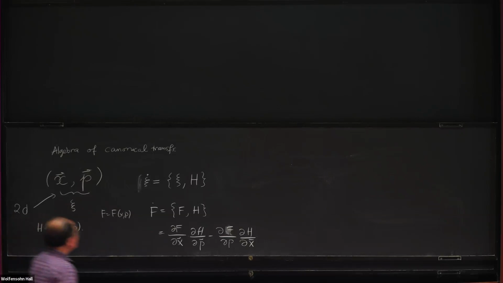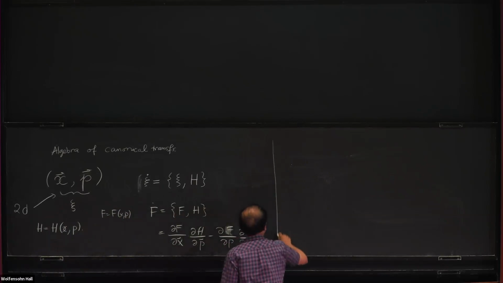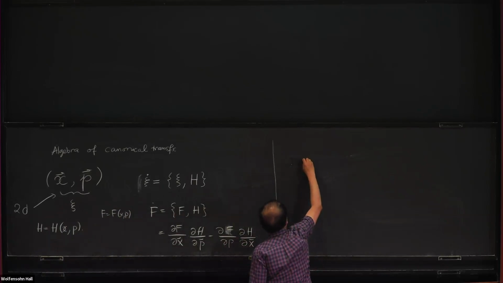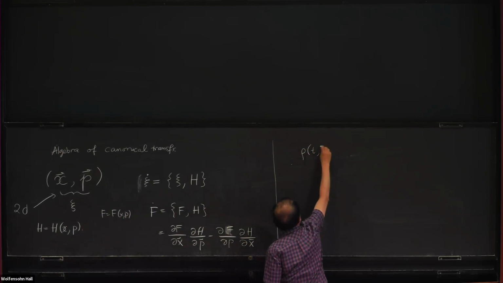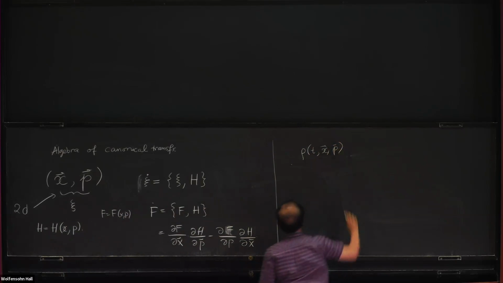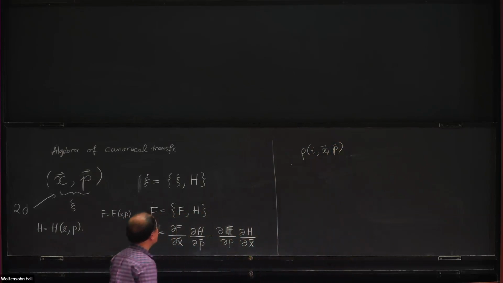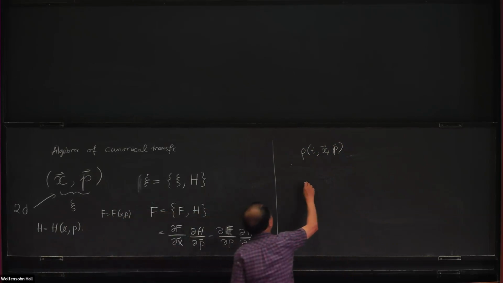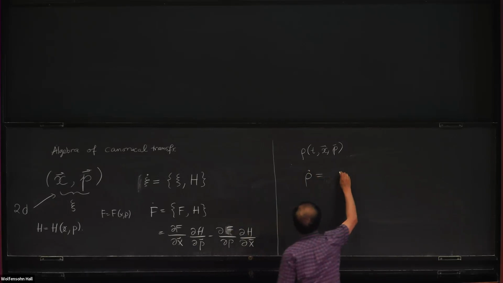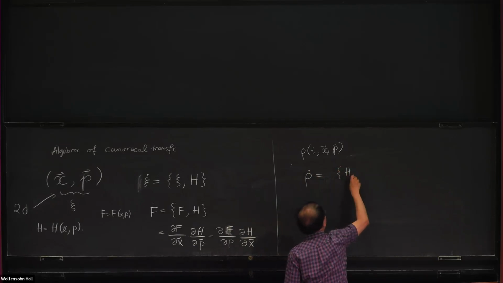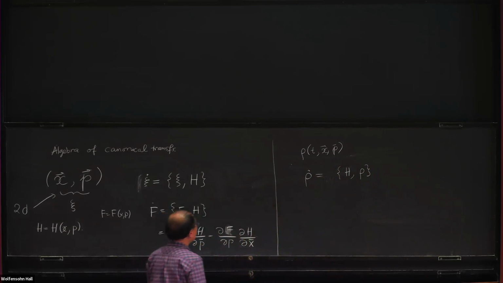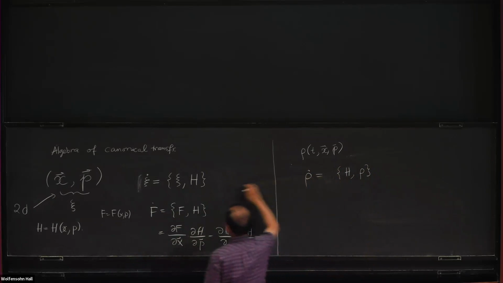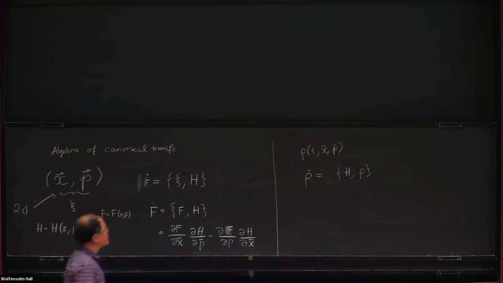Okay, so now the Liouville equation. In the Liouville equation, we talk about the distribution function ρ of particles in phase space. ρ is a function of p and x. The Liouville equation has the following form: ρ dot equals the Poisson bracket of h and ρ. Here the equation has the opposite sign compared to the equation on the left-hand side.